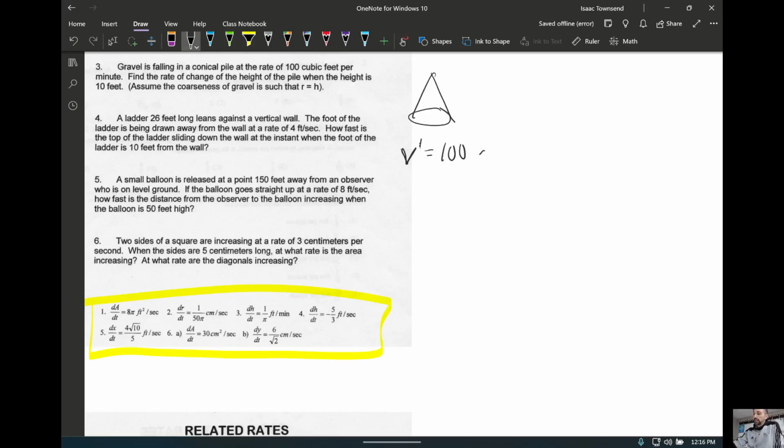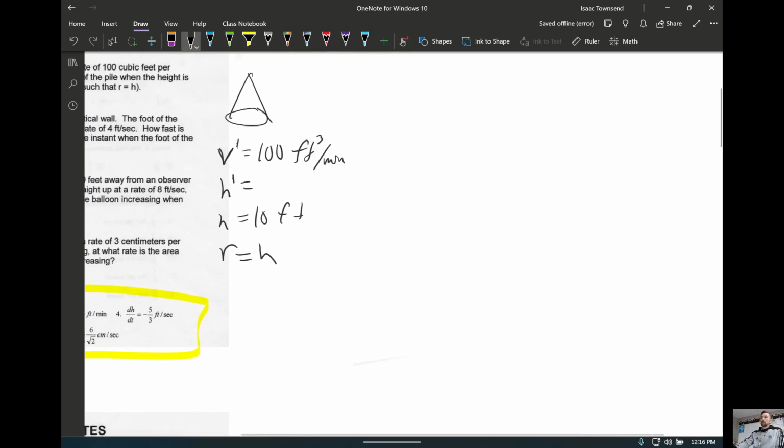Volume is the one that has cubic units, so in this problem it's cubic feet. And then the per minute gives us the rate. Find the rate of change of the height. So we want to know h prime when the height is 10 feet. Assume the coarseness of the gravel such that r equals h.